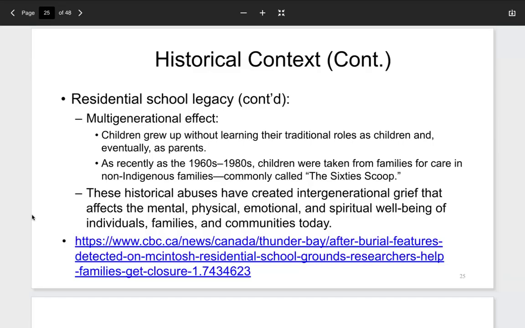Being removed from their land, there's a loss of culture, identity, language, everything. So even though these events happened many years ago, the pain, the grief, the disconnection, it still continues to affect the children and the grandchildren of survivors of these residential schools.